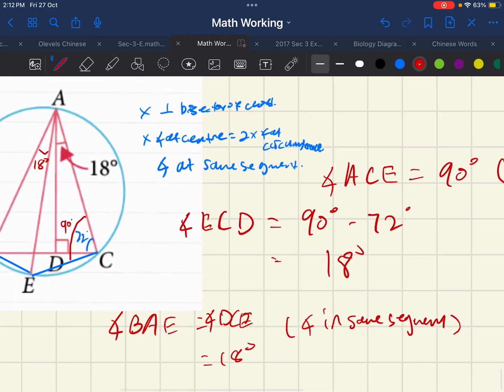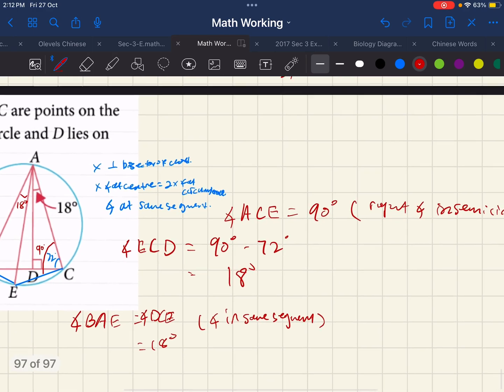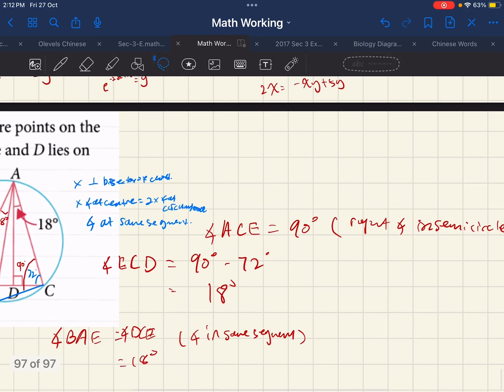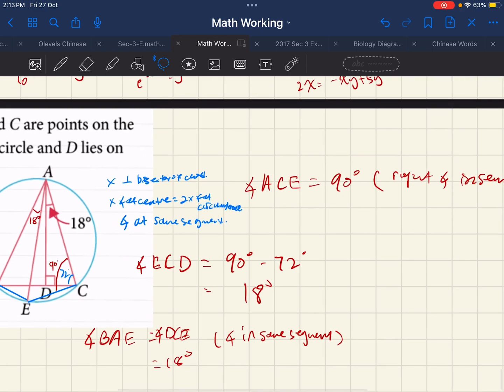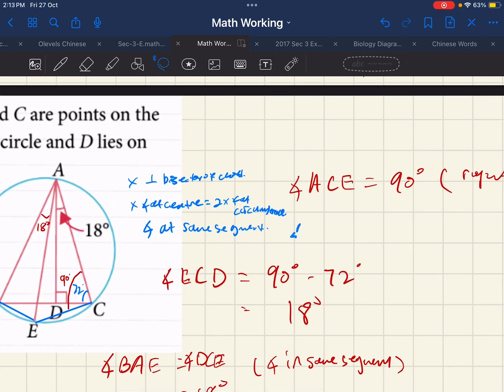My bad, maybe it's a bit not tidy. Let me tidy it up. Angle ACD will be equal to 180 minus 90 minus 18 degrees, which is 72 degrees.